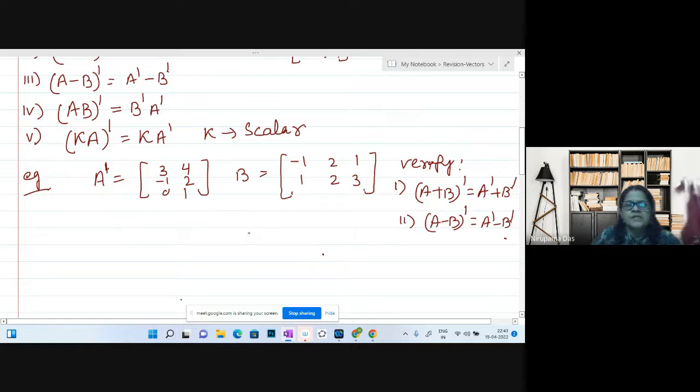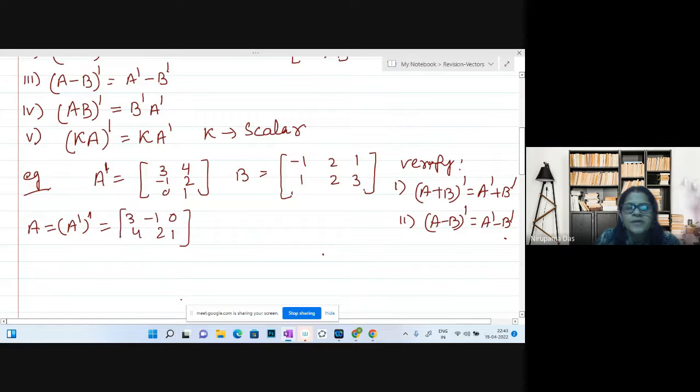So here you can see A transpose is already given to us, so we can find A. A is transpose of A transpose. That is 3, -1, 0. First column becomes first row here. 4, 2, 1.